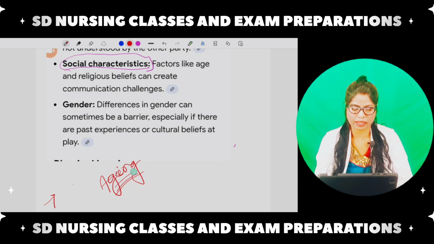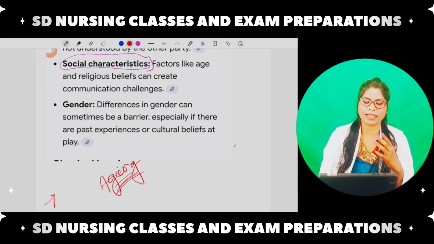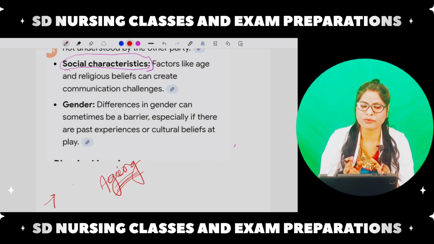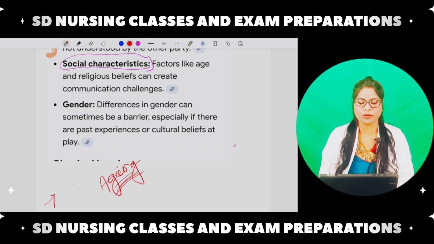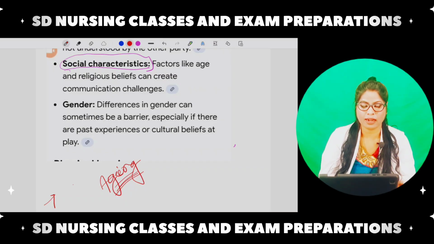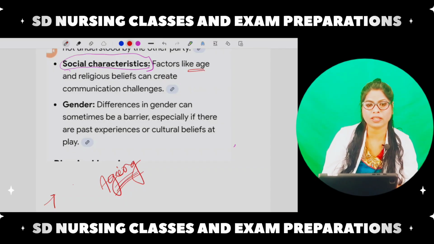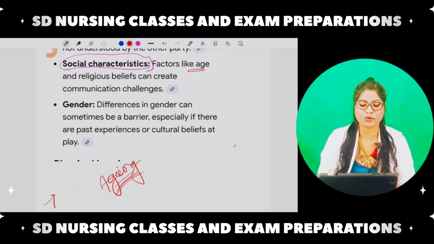If aging patients are coming, they may have mood swing problems, and I have seen that they may show different types of personality also. So sometimes mood swing problems happen. If there is this type of patient, how will you communicate with them? That will be a social barrier.